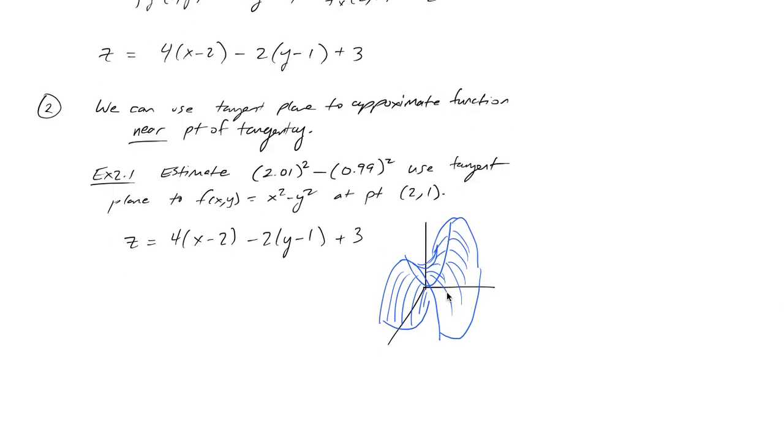Our tangent plane at this point looks something like this, and it has slope 4 in the x direction and slope -2 in the y direction.